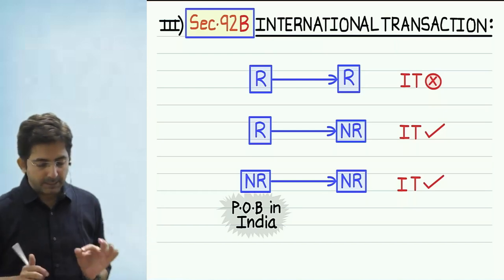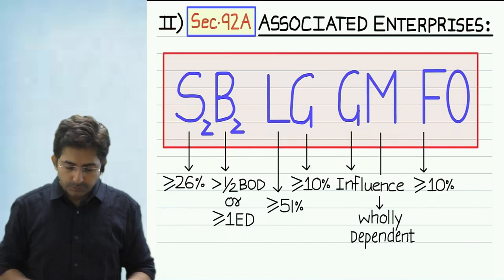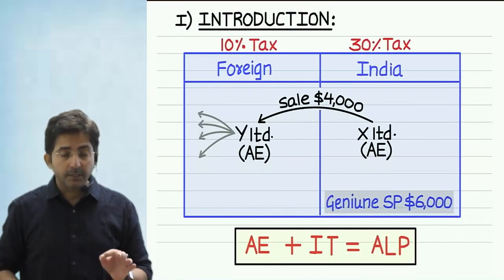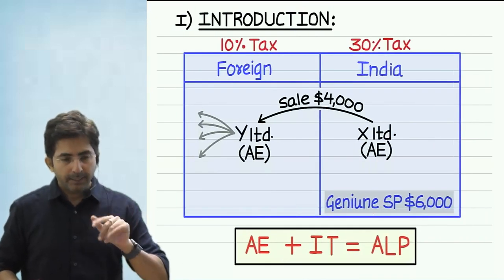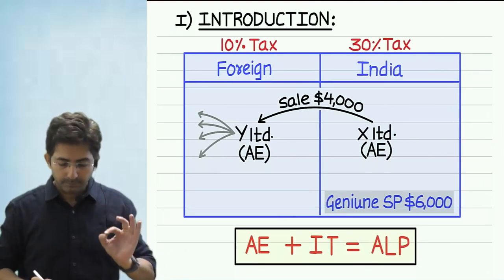So this was section 92B, international transaction. After studying 92A and 92B, listen to this sentence now.